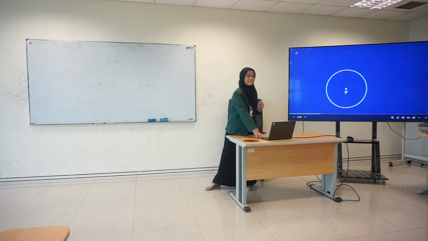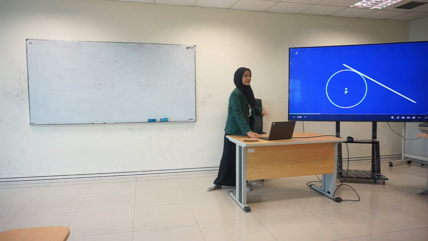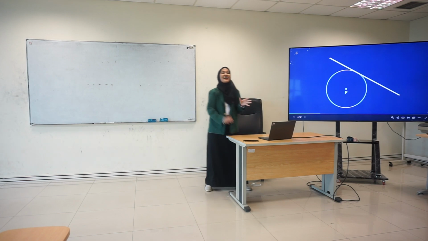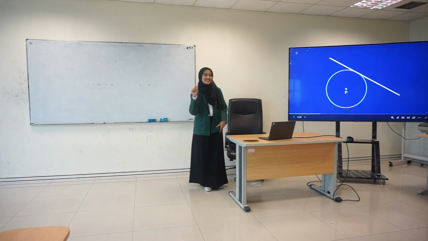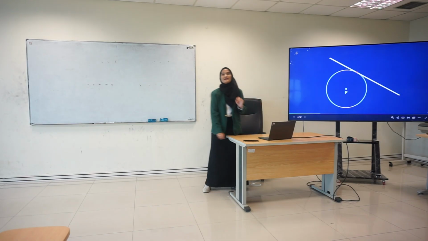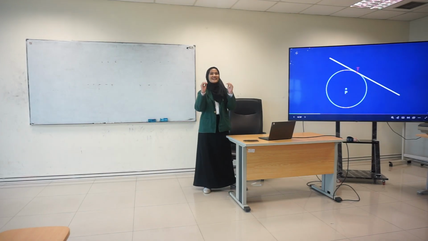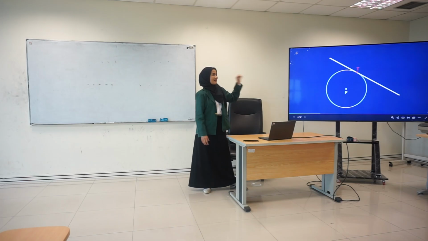We name the center point P. If we have a line that touches the circle at exactly one point, this red point, we name it point T. Do you know the name of that line?